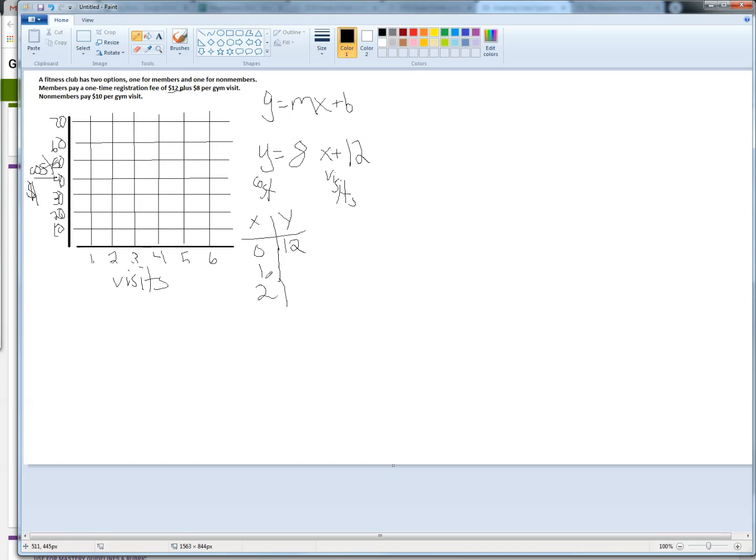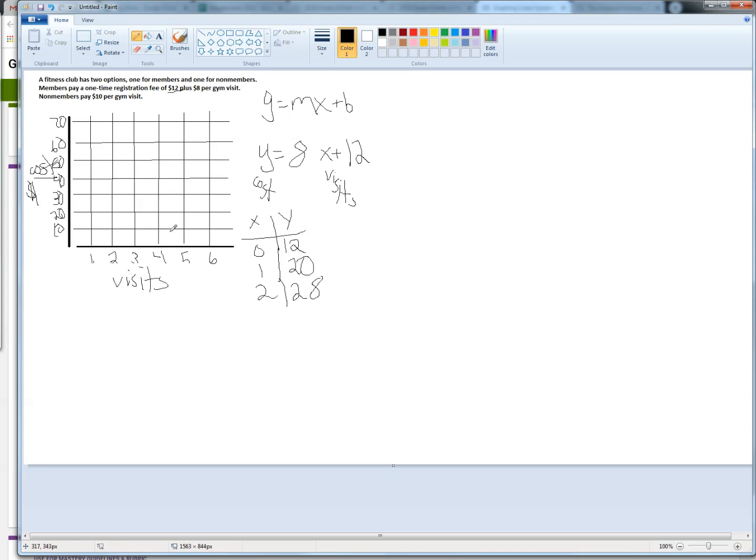Now let's try 1. When x is 1, you have 8 times 1, which is 8, plus 12, which is 20. And then 2. When x is 2, you do 8 times 2 is 16, plus 12 is 28.